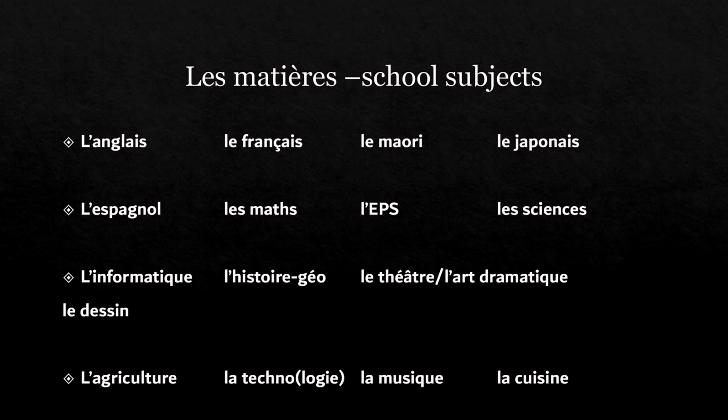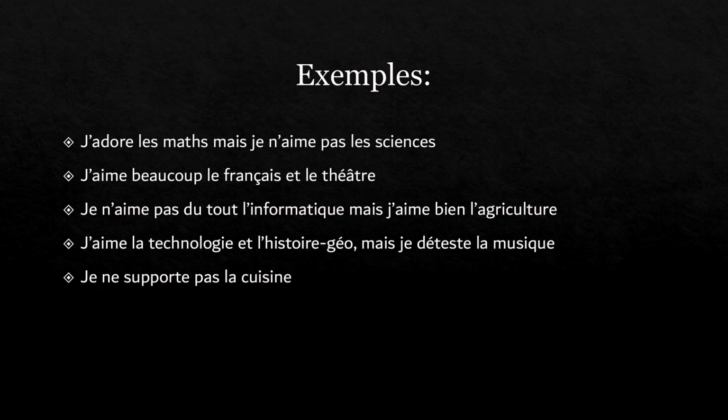Okay, voilà quelques exemples of how you could use this. I haven't spelt examples wrong. That's just how you spell it in French. Exemple numéro 1. We've got j'adore les maths, mais je n'aime pas les sciences. J'adore, I love, les maths, mais je n'aime pas, but I don't like les sciences.